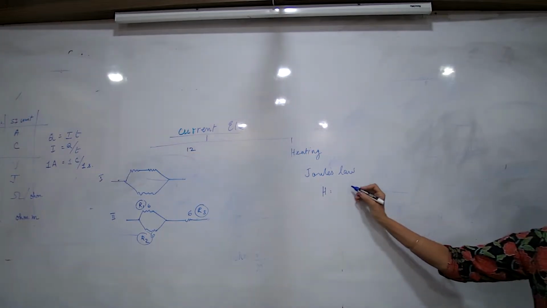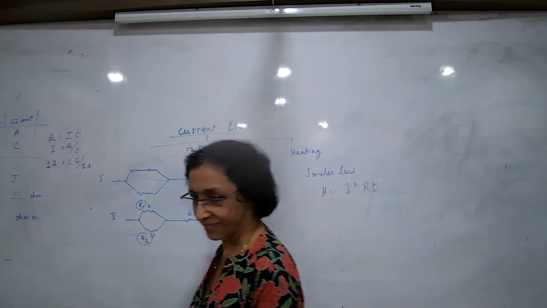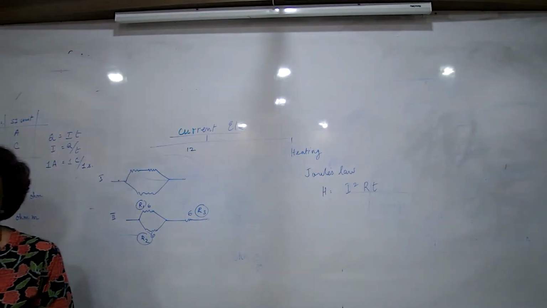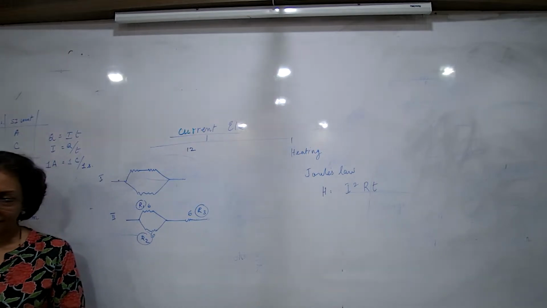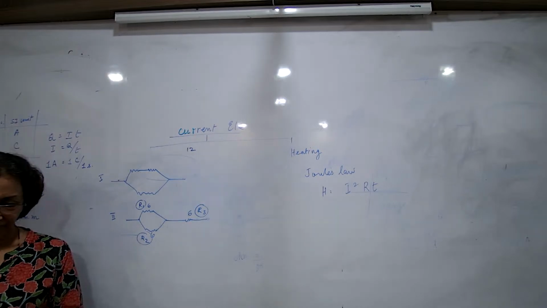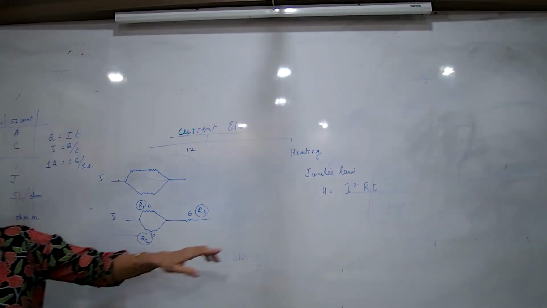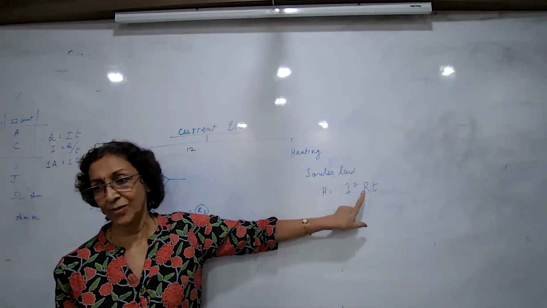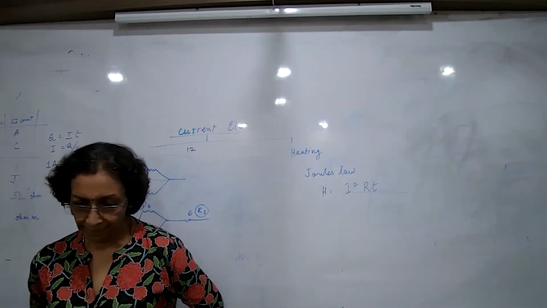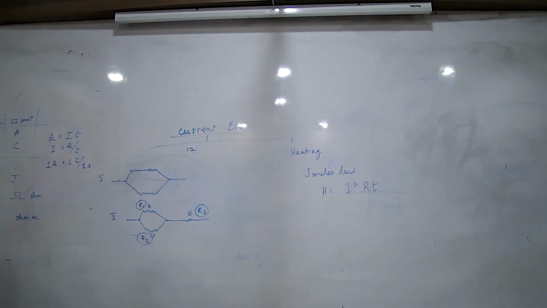Ma'am, in the statement, the heat is directly proportional to the square of the current and the time taken. H is directly proportional to I square T. And then to remove the proportionality, we add an R, right? It is directly proportional to R also.